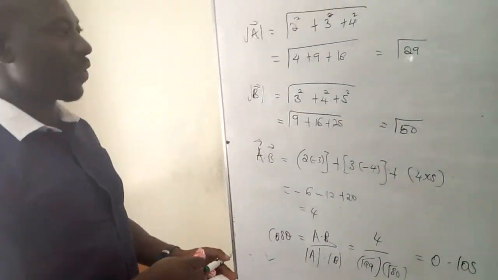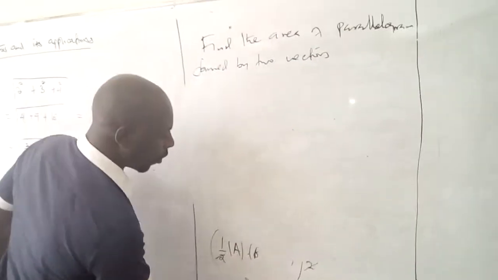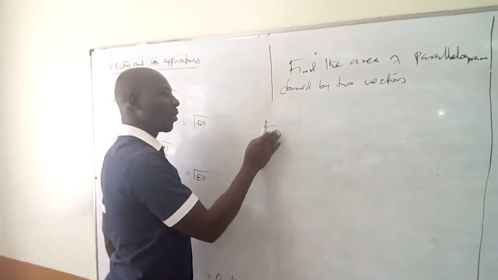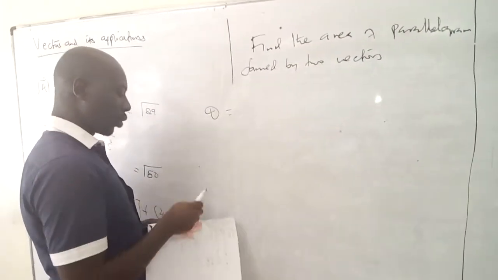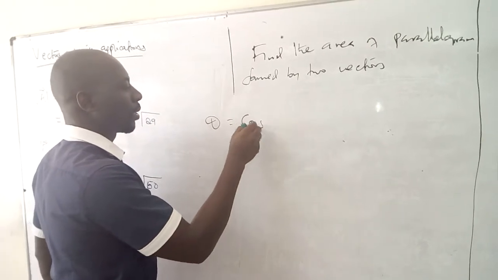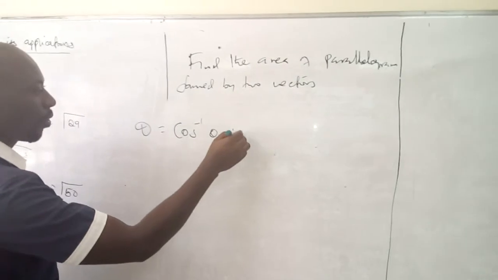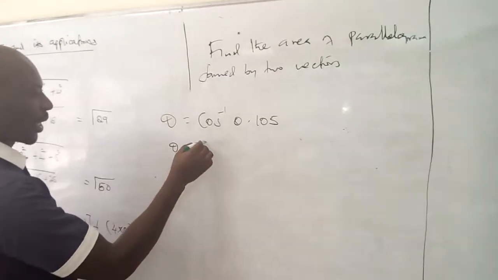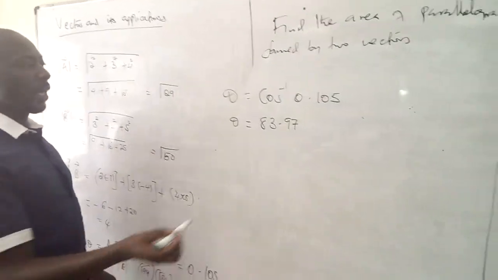So that is the cosine of that angle. So for you to get the specific angle, you form what we call the cos inverse. So theta, which is the angle between A and B, shall be equal to cos inverse of 0.105. So theta shall be equal to 83.97. So that is the angle between A and B.